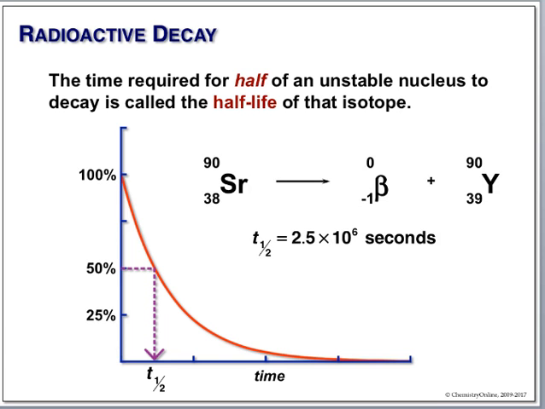Strontium-90 emits a beta particle, forms yttrium. The half-life here is 10 to the 9 seconds, that's about 30 years. Now, why is that important? Probably not so much to you, but it was important to me in our day. In the 50s, people were exploding bombs in the atmosphere everywhere, just for fun.